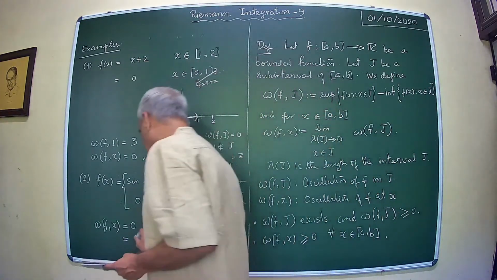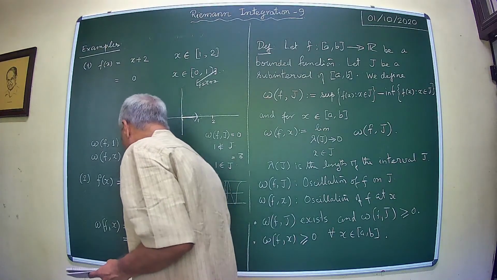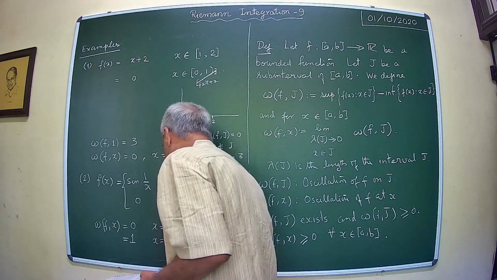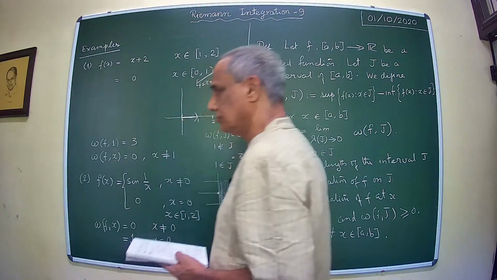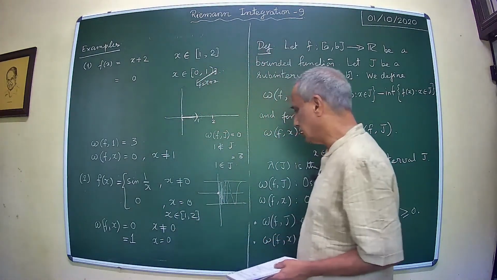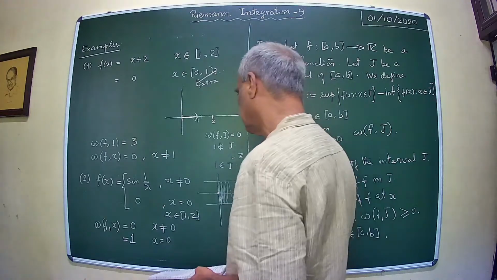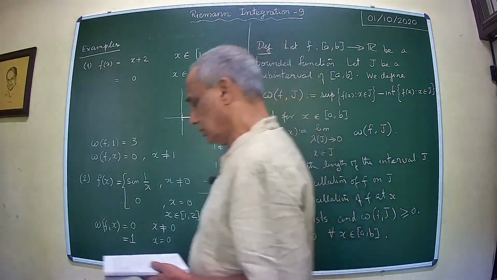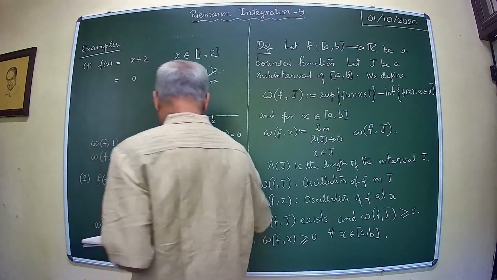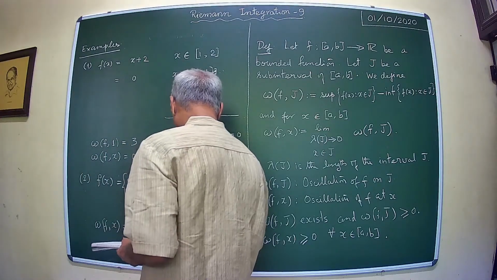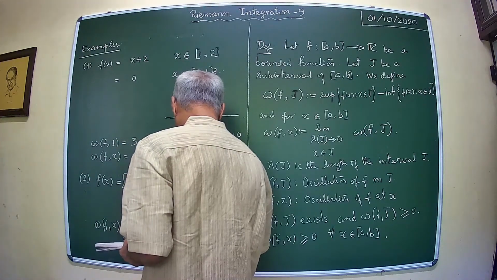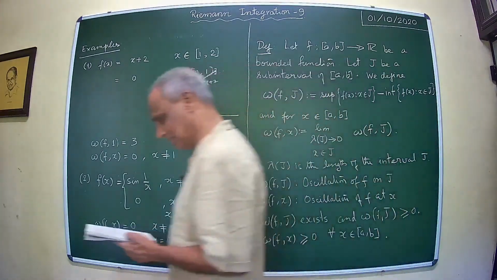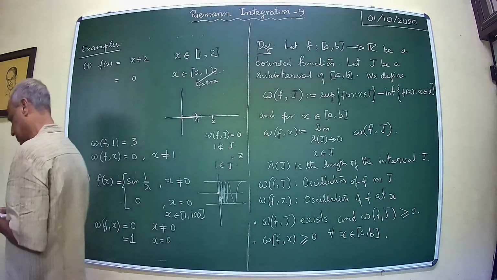So this is going to be equal to 1. So this is the behavior of the function. The function comes from there and then oscillates.